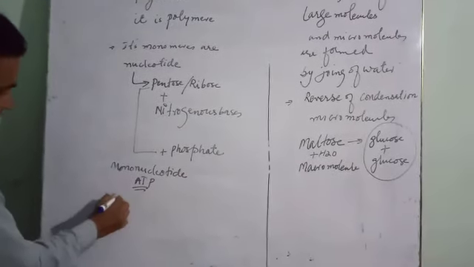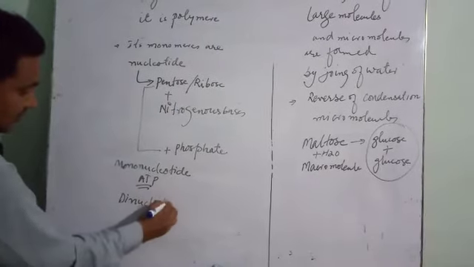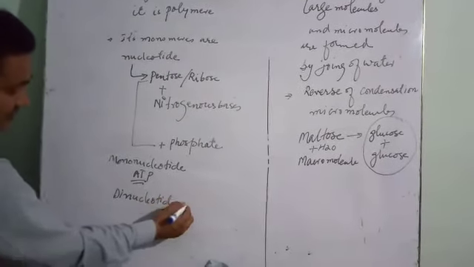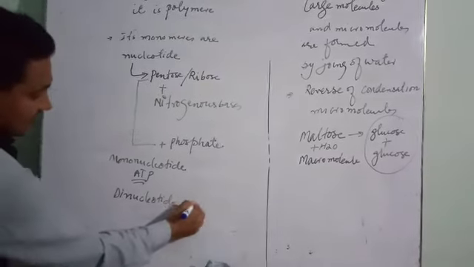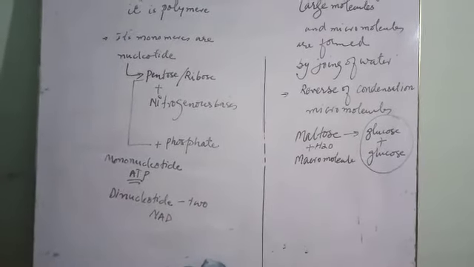Di means two, so a dinucleotide is composed of two nucleotides. An example is NAD, nicotinamide adenine dinucleotide. So here we are restricted only to the nucleic acid.